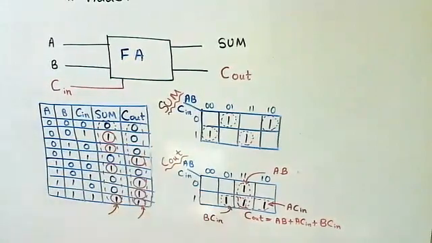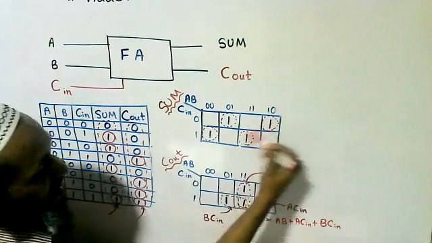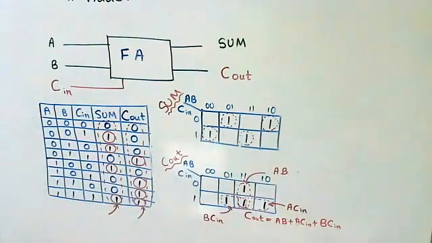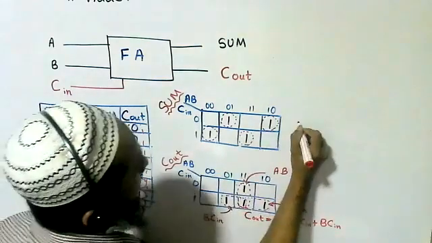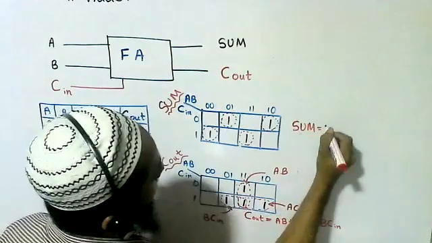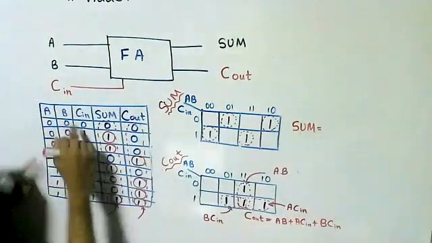So here I told you it is a special situation. There the XOR gate is there. In this kind of situation, the XOR gate is there. So we can write sum equals to, what are the inputs? A, B, C in.